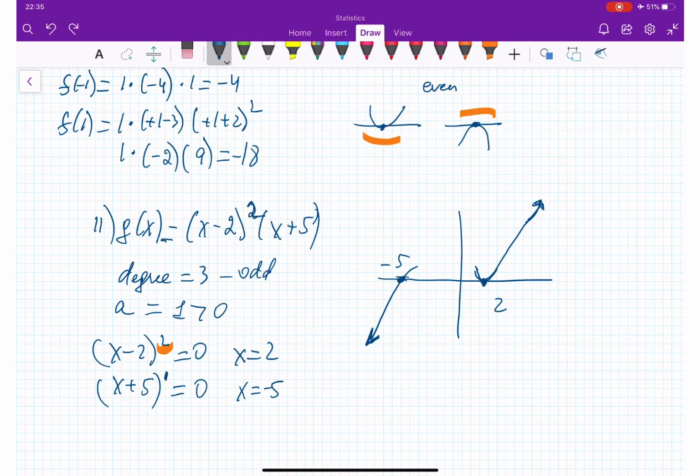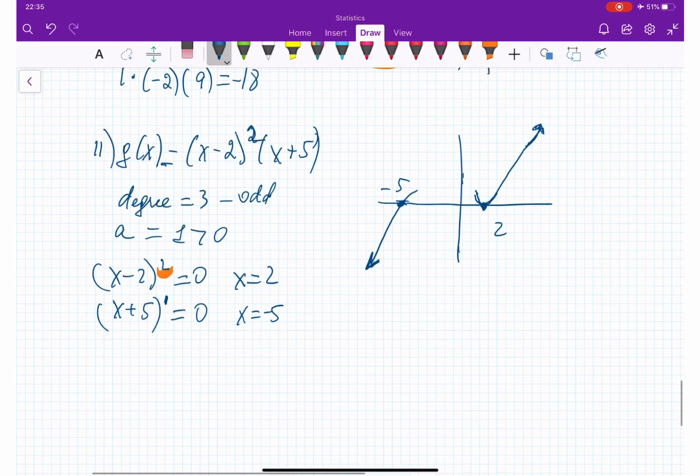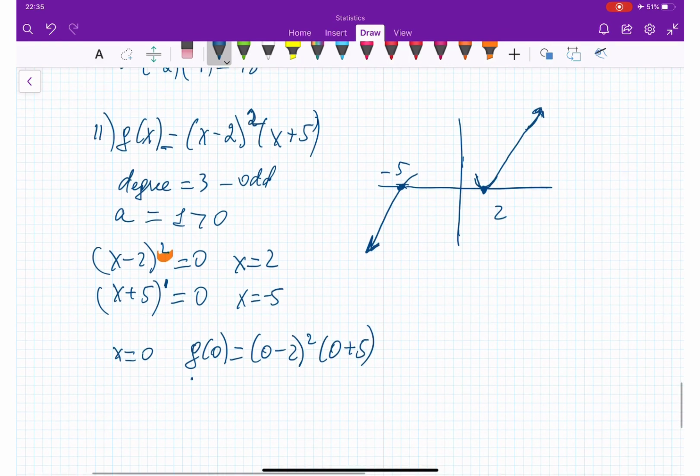Okay, so I suggest to see where it's crossing, which means take x equal to 0 and find the y-intercept. When we take x equal to 0, what do we have? G of 0 is going to be equal to (0 minus 2) squared times (0 plus 5). So G of 0 is equal to negative 2 squared times 5.